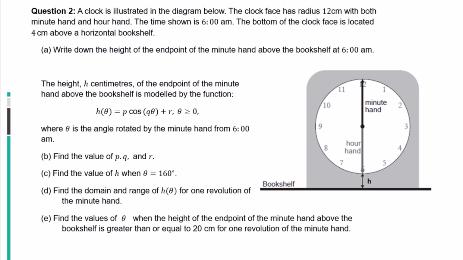A clock is illustrated in the diagram below. The clock face has a radius of 12 centimeters, with both a minute hand and an hour hand. The time shown is 6 a.m. The bottom of the clock face is located 4 centimeters above a horizontal bookshelf, so this h equals 4 centimeters.